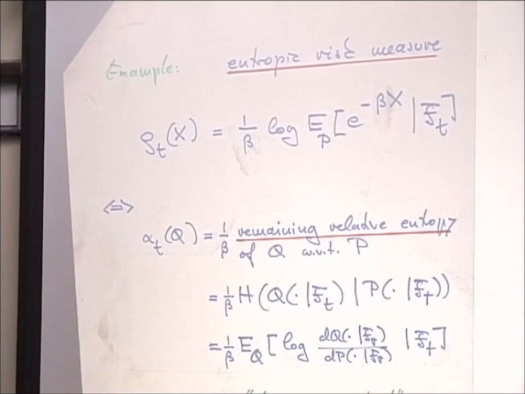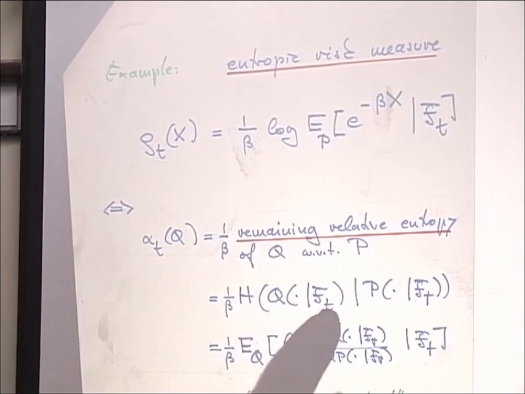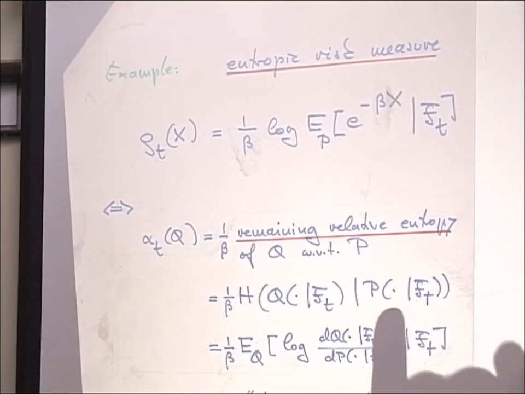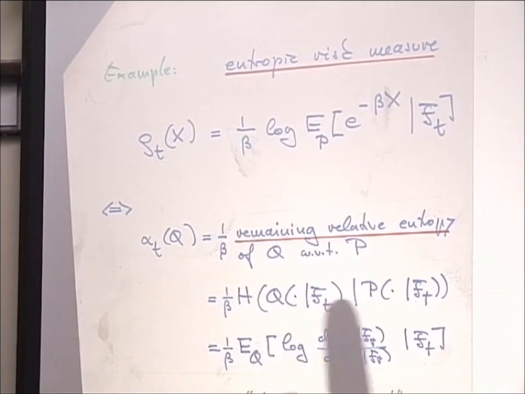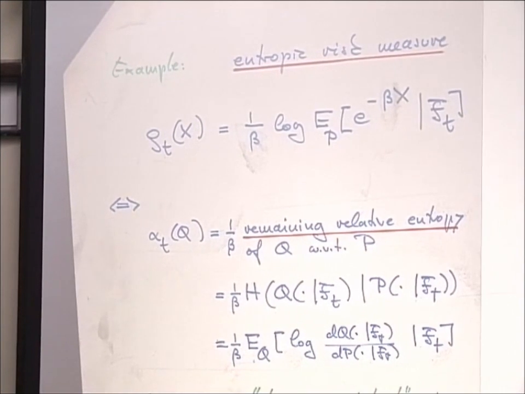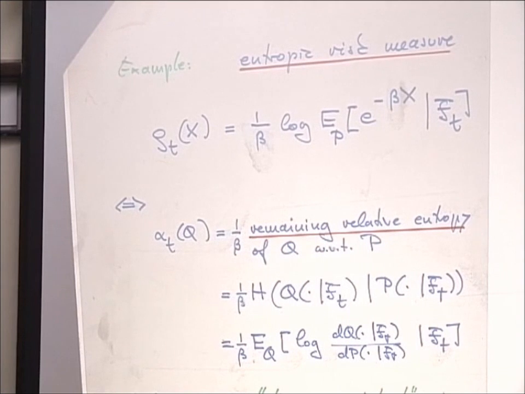The corresponding penalty function now is the remaining relative entropy from time t on. So at time t, you take the conditional distribution on the future, given the information up to time t, you compare for the two models Q and P, you take the relative entropy, and that is the penalty function for the entropic risk measure.